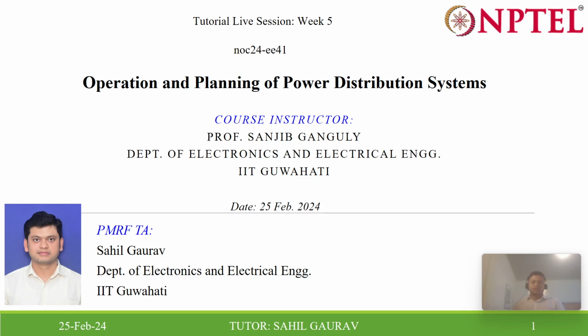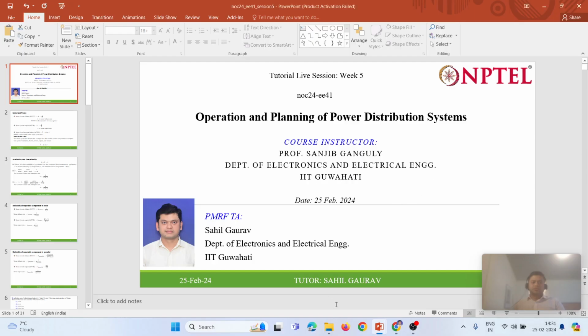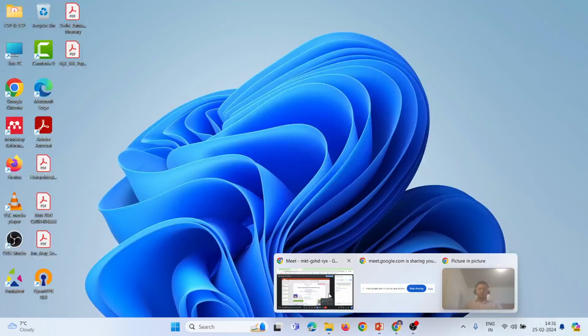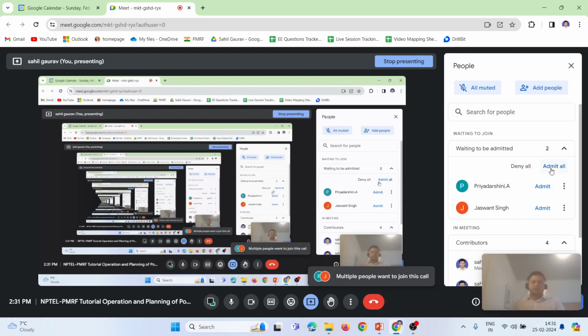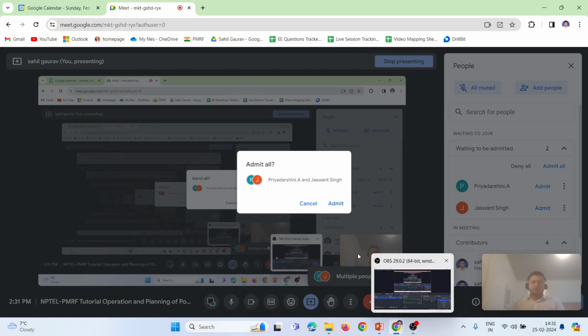So let us begin today's session number 5. We were solving problems on the various reliability indices used for power distribution networks. In today's session, we are going to solve problems on the reliability models that help in the analysis of reliability for power distribution networks.